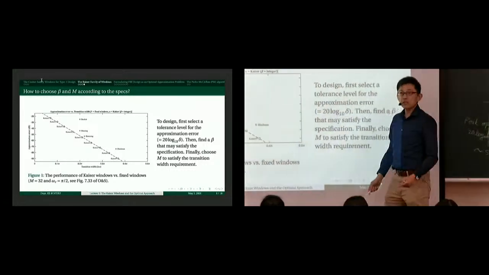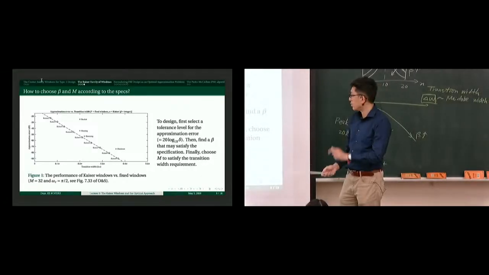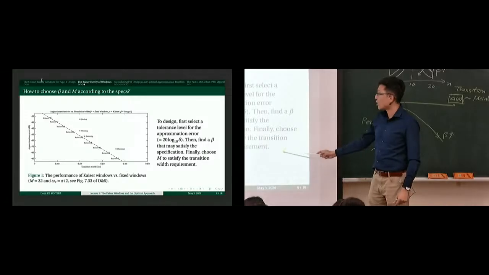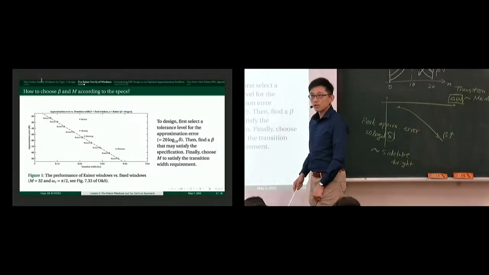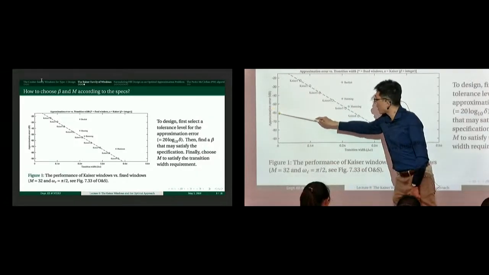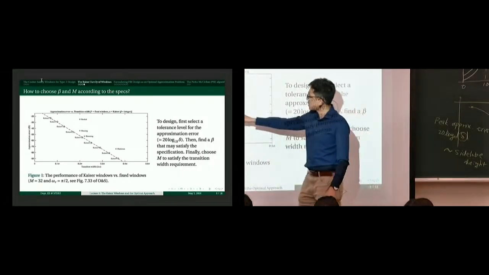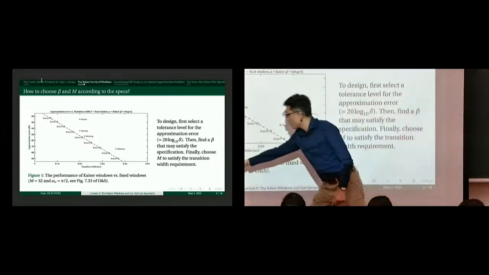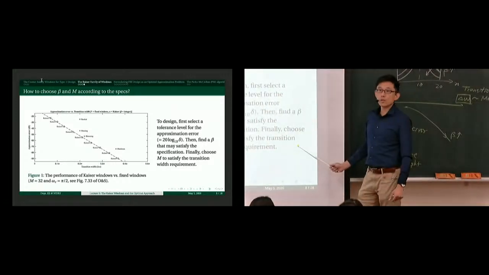Now, if you need a narrower transition, then that's the moment when we can finally increase M to satisfy the transition width requirement. Okay, is that clear? So, the design process is to first look at how much you want to control the error, and then choose a beta, and from there you can then adjust M to also satisfy any transition width requirement.